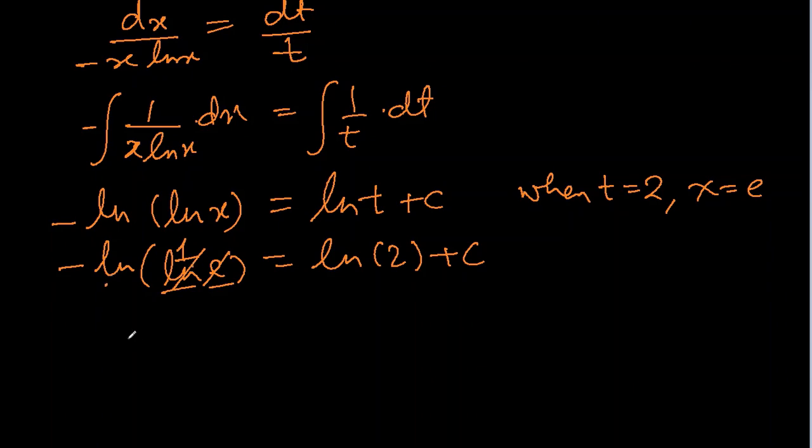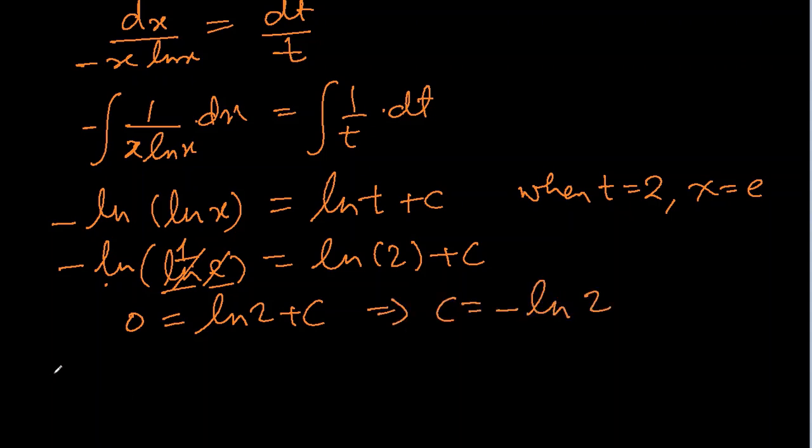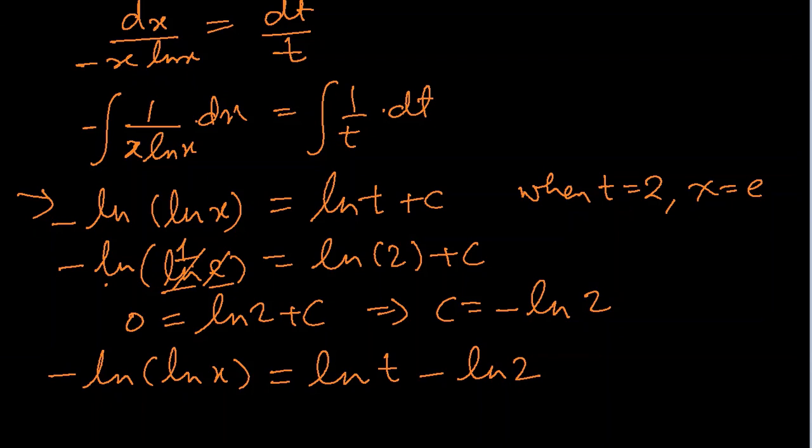So ln of 1, or log of 1 anytime, is 0. That becomes 0. So ln 2 plus c, and that gives us c equal to minus ln 2, which we will replace in our equation here. Minus ln of ln x equal to ln t minus ln 2 now.